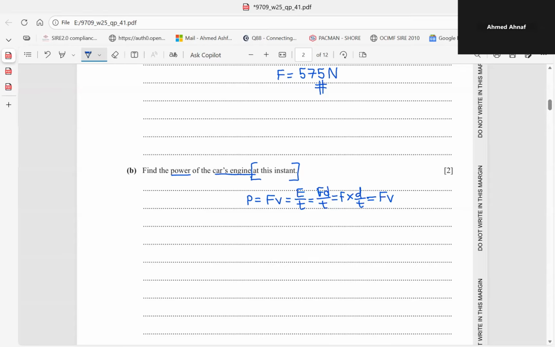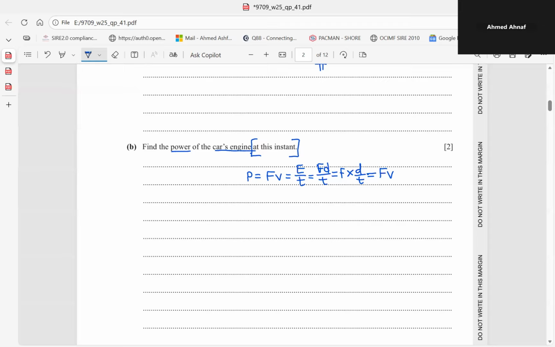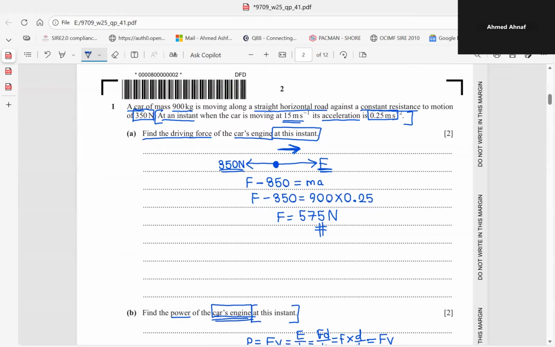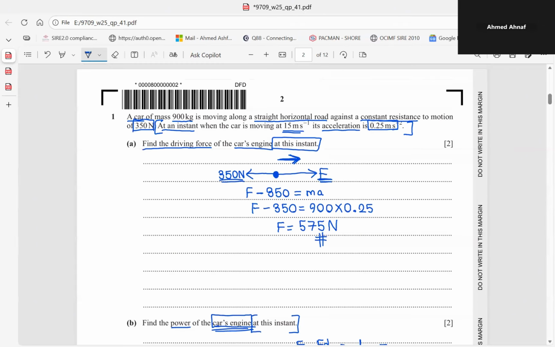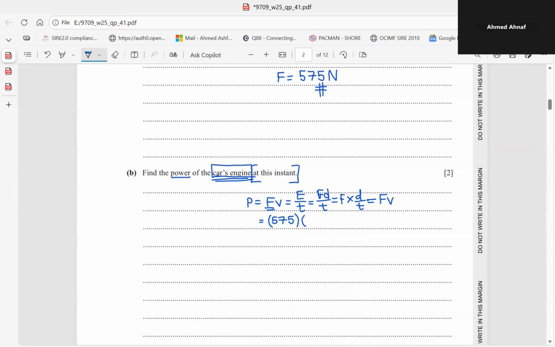Okay, right. So we just need two pieces of information, the force. In this case, since we want to find the power of the car engine, we have to find the force that is being exerted by the car engine, which is basically just the driving force we found in the previous part. So that is 575. And then velocity, we're told here already, 15 meters per second. So 15.